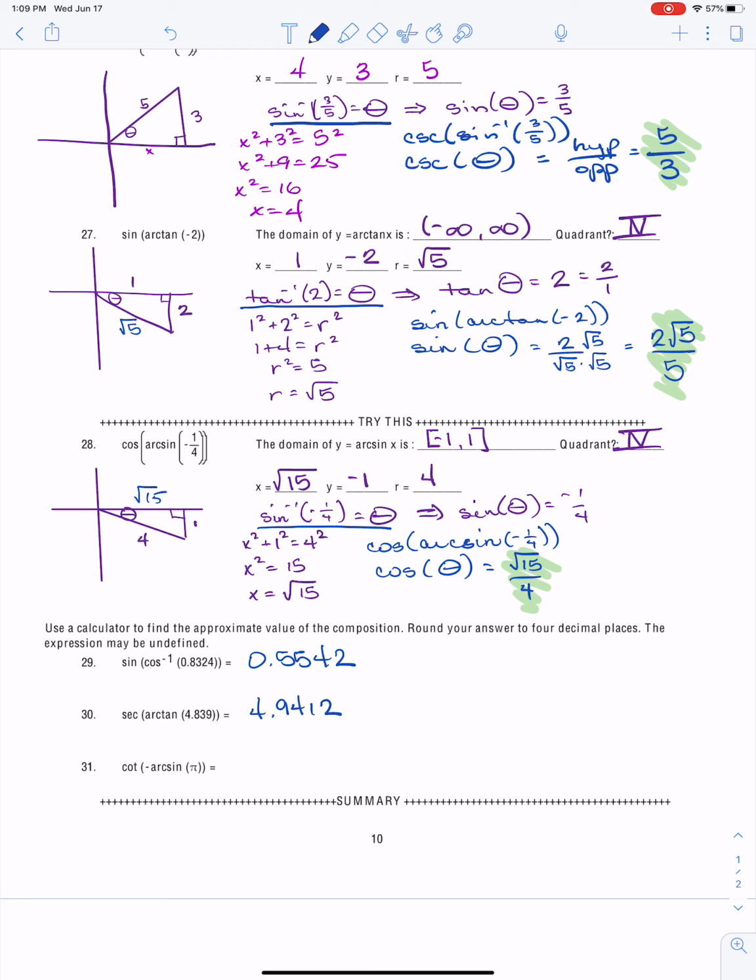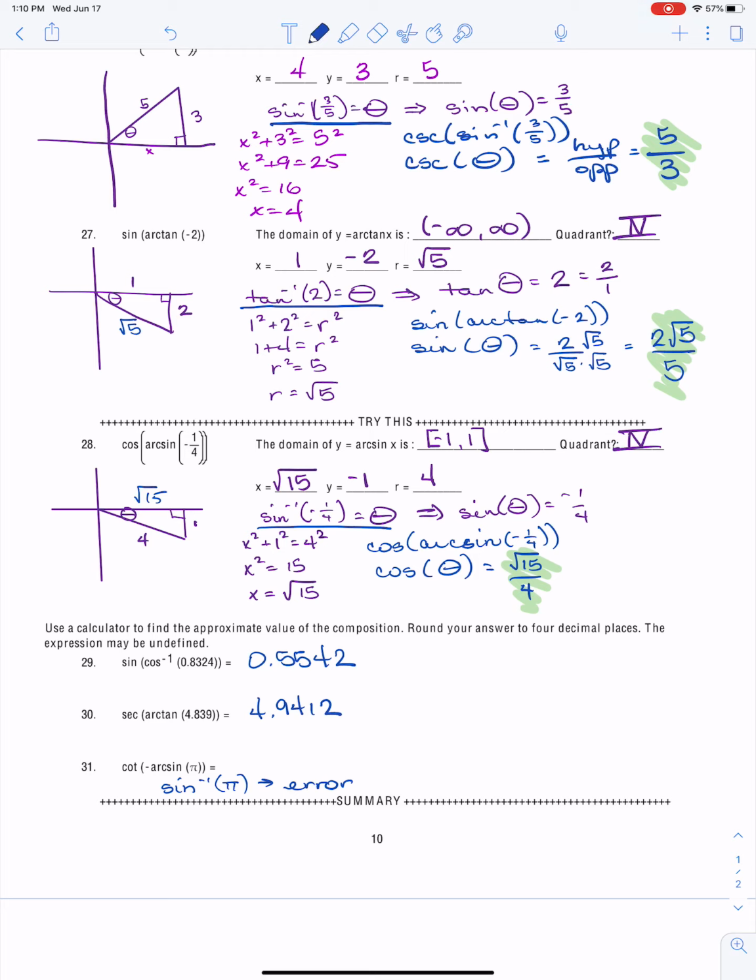And the cotangent of the negative inverse sine of pi. So if you try to plug in inverse sine of pi, you're going to get an error, because inverse sine has got a domain of -1 to 1.